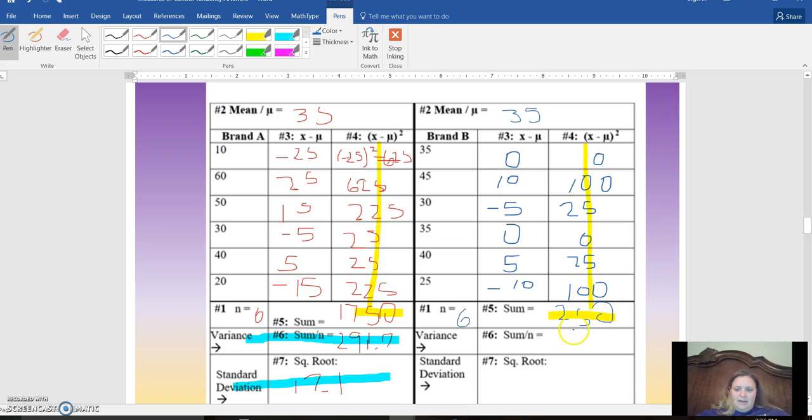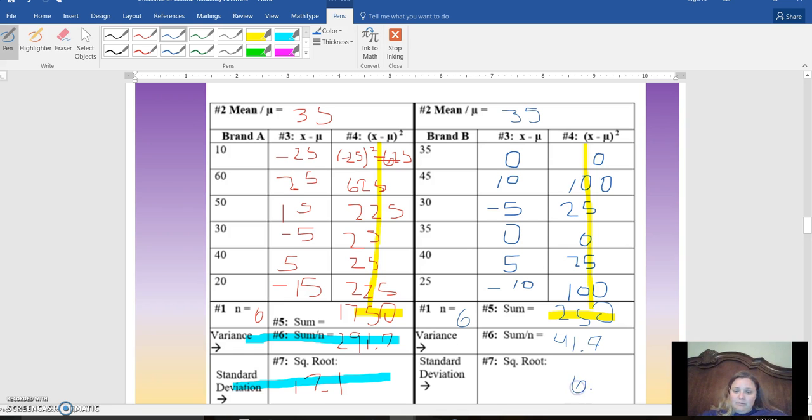Then I need to divide by 6. 250 divided by 6, and so I get 41.667, so I'll just say 41.7. And then I need to take the square root of 41.7.